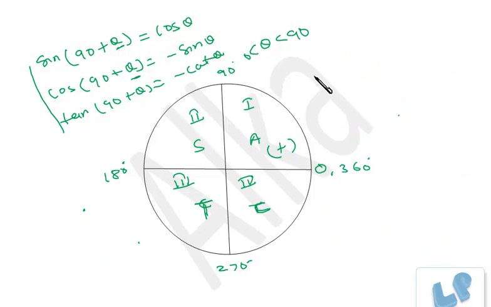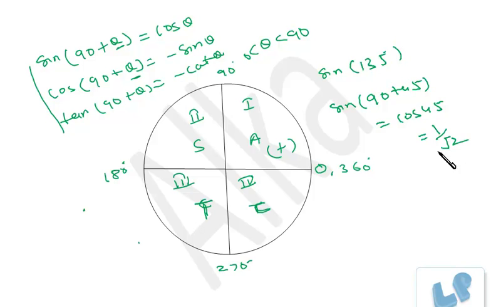Similarly, suppose I have to calculate sine 135 degree, so it will be 90 plus 45. Sine 90 plus theta is what? Cos theta, so that is cos 45, so that's 1 by root 2, right?